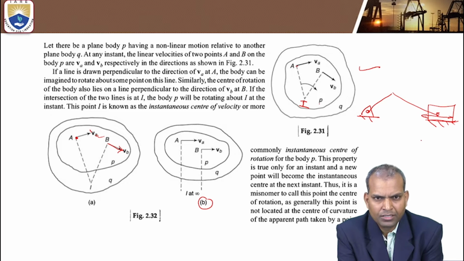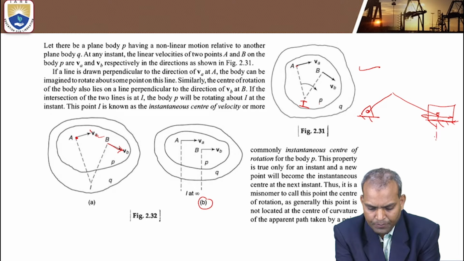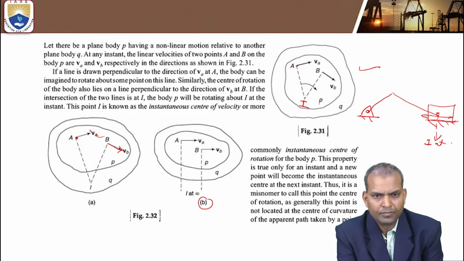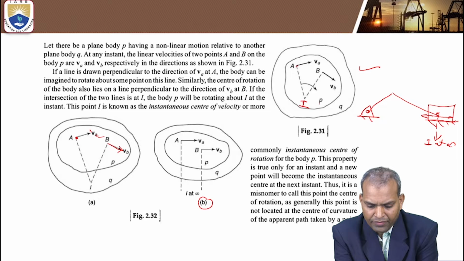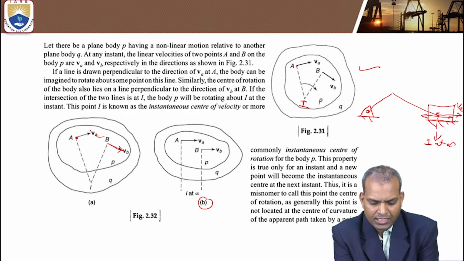What is the I-center of this slider? The I-center of this slider is at infinity. Why? Because the direction of the velocity of point A, VA, is parallel, in the horizontal, at 0 degrees. So in that case, the I-center is at infinity.